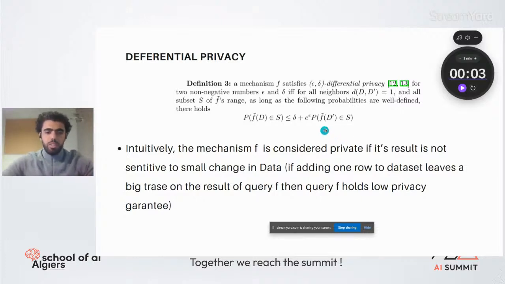This is basic. For example, in the case of the count query, instead of returning the real answer to the count query, we return the answer plus a certain noise. This way, the attacker will not know if the difference in the answer came from an individual contribution or from the noise.